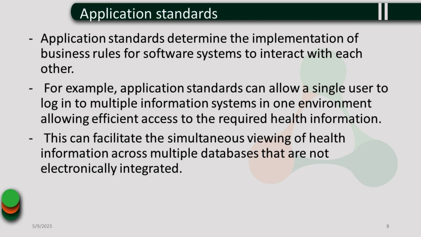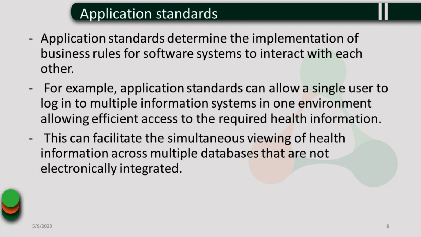Architecture standards. Architecture standards define a generic model for health information systems. They allow the integration of health information systems by providing guidance to aid the planning and design of new systems and also the integration of existing systems. This is achieved by defining common data elements and business logic between systems.